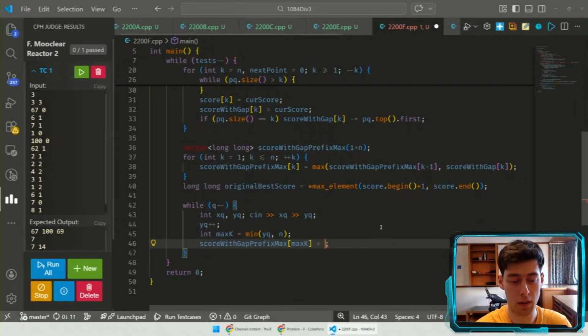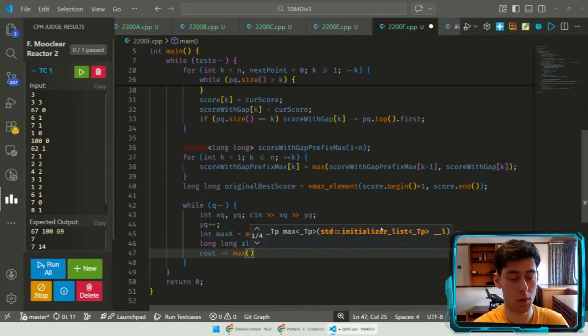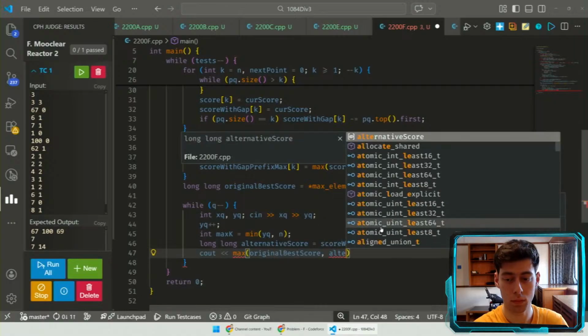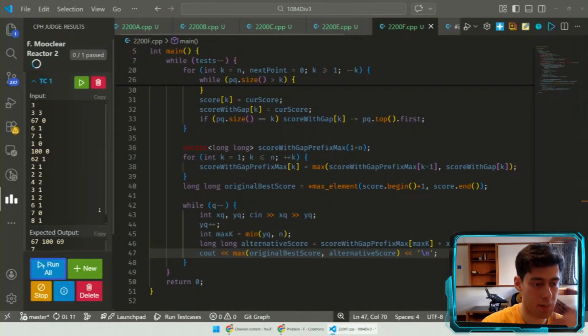And I need to add xq to that. Something like that.